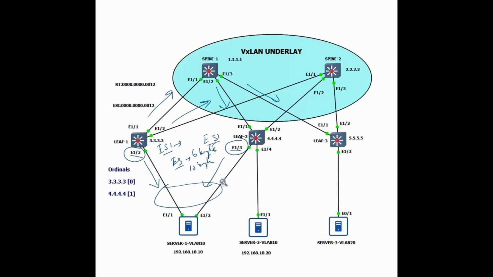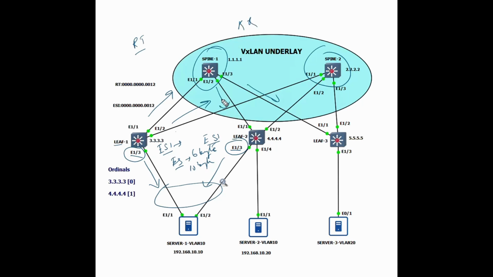So the way it works is, as soon as we configure the ESI value on the leaves, leaf 1 and leaf 2, it will generate an import route target based on that Ethernet segment identifier. And when the updates are sent to the spines, and spines, as they are the route reflectors, will reflect those routes to the remaining leaf switches.